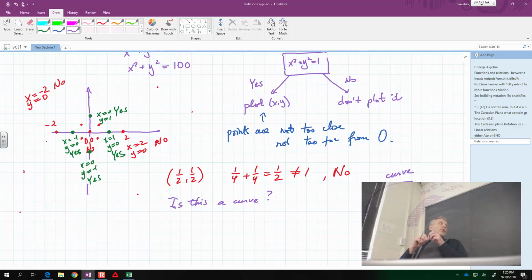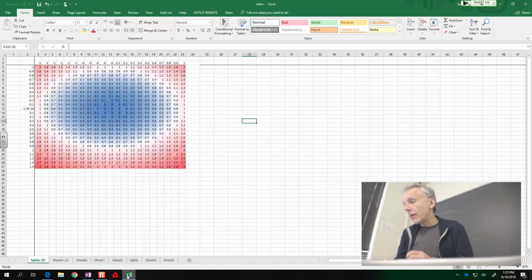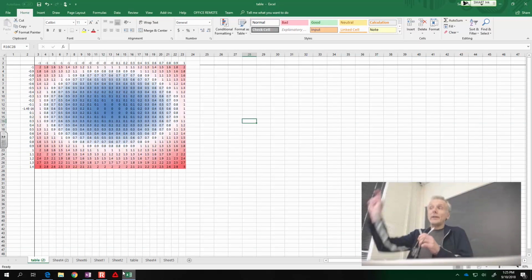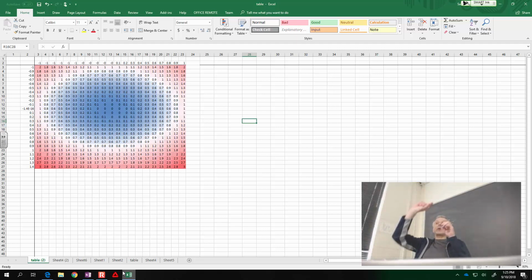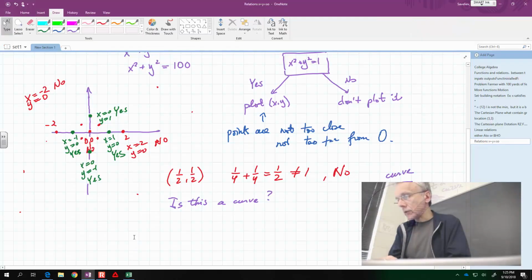It tells you that there is some circular pattern. This is too far, this is too close, and somewhere in between there is some ring. Best you can tell from this picture is that this is a ring. So that white ring surrounding the origin is the graph of our relation.